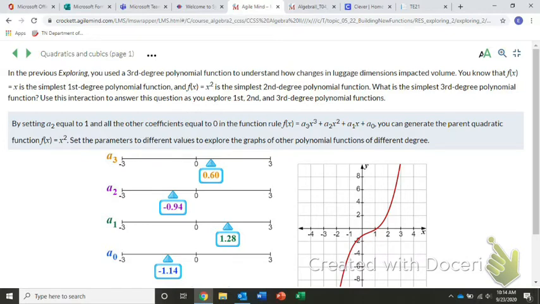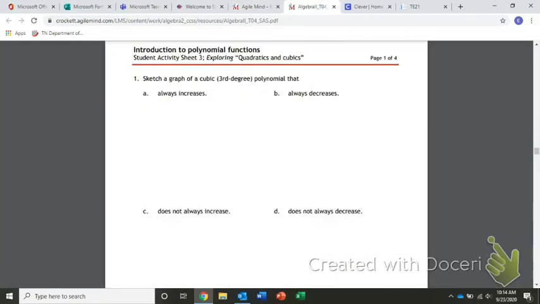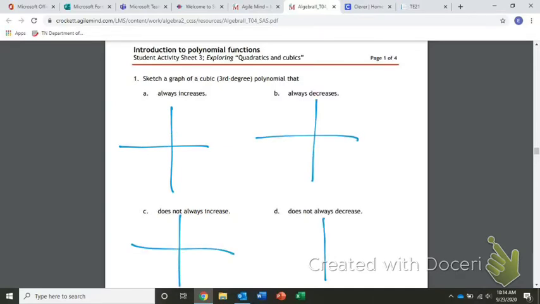So, on your page, number 1, it says, sketch a graph of a cubic third-degree polynomial that always increases. So, I want you to draw me a graph on all 4 spots.